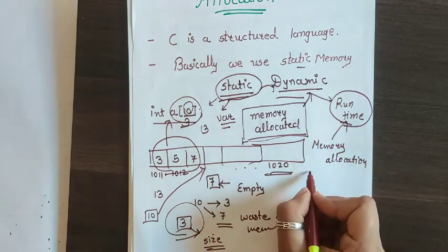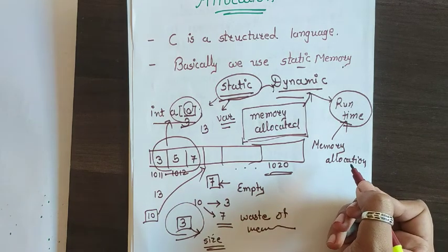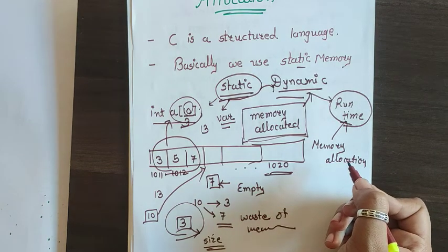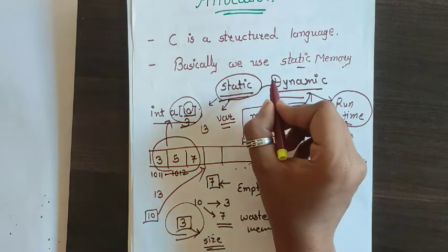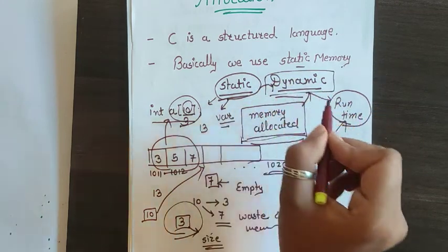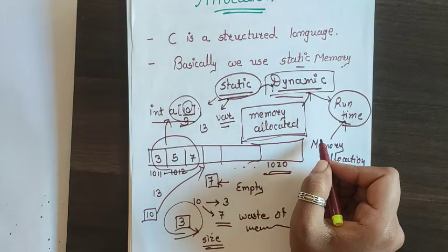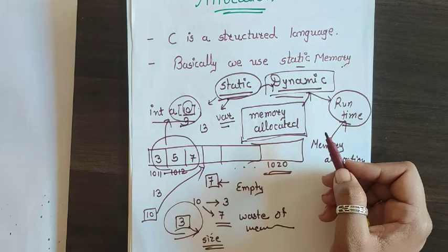So there is no waste of memory. Wastage is not there, and it might be possible that you need more memory, so that is also possible, right? So that's why we use dynamic memory, and it is an important topic for memory allocation.